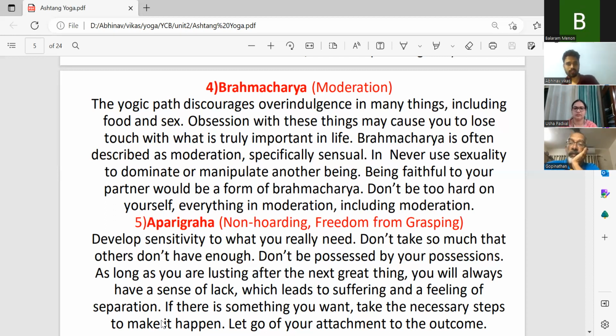Aparigraha, freedom from grasping. It means non-greed, non-possessiveness. Aparigraha sthairye janma kathanta sambodha. Develop sensitivity to whatever you really need. Don't take so much that others don't have enough.